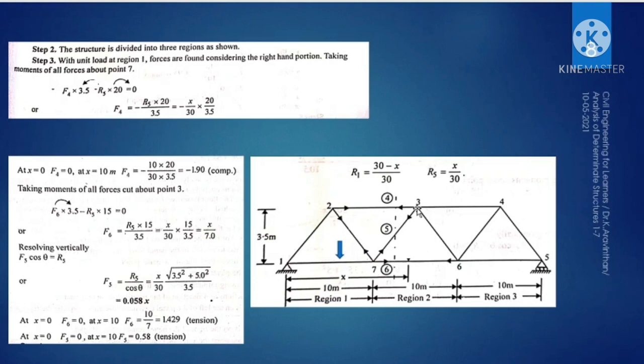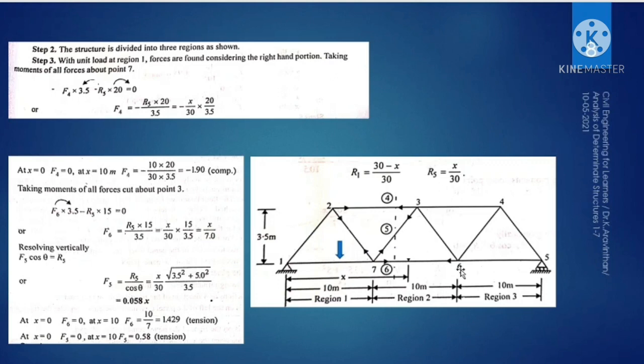Then you have another force, which is member 6. The member 6 element is here, that is F6 into 3.5. This is clockwise. Hence you will have F6 into 3.5, which is clockwise, and R5 into 15.